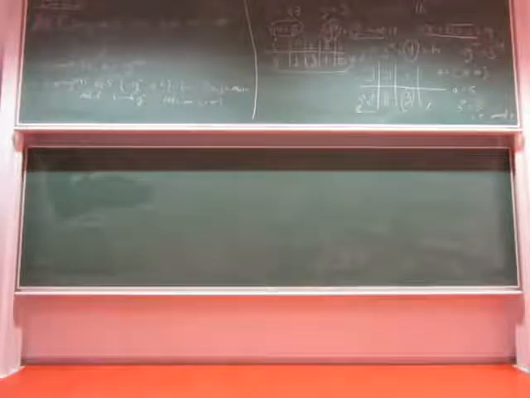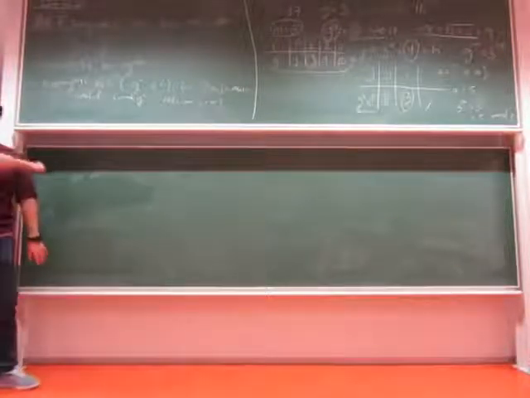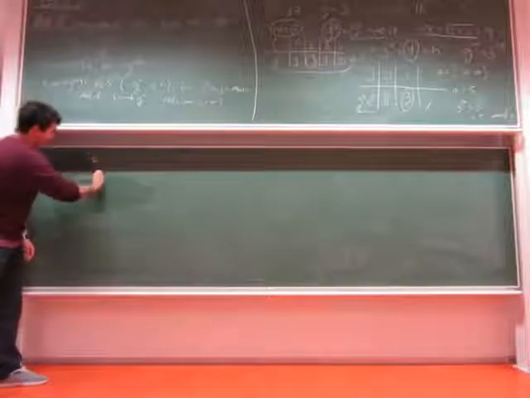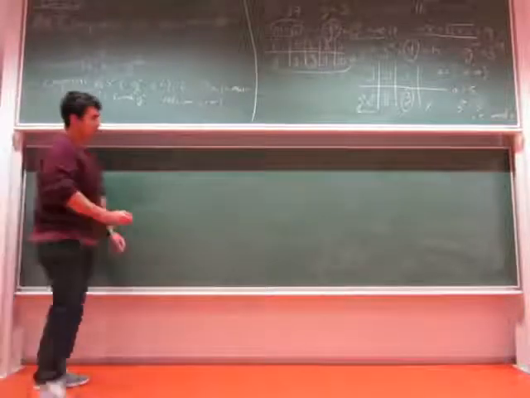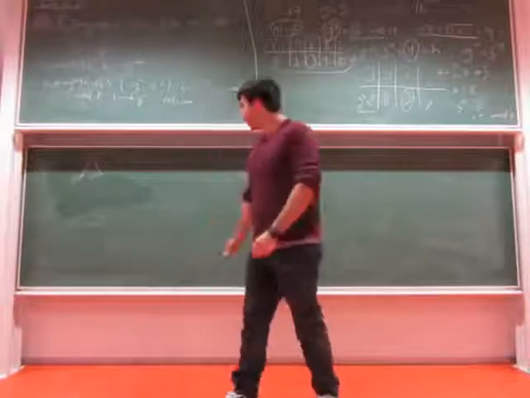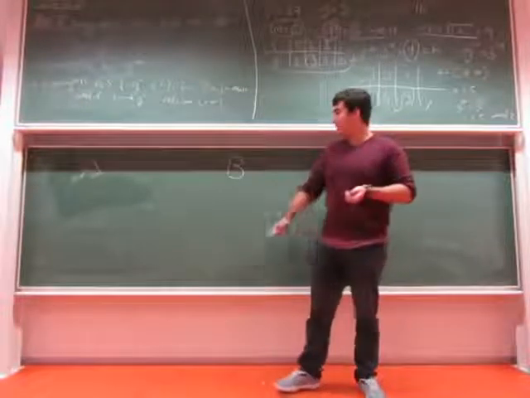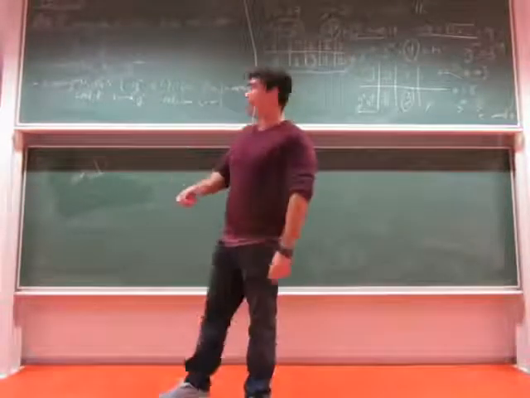So we have Alice, and we have Bob. They are assuming a lot of stuff is secure.